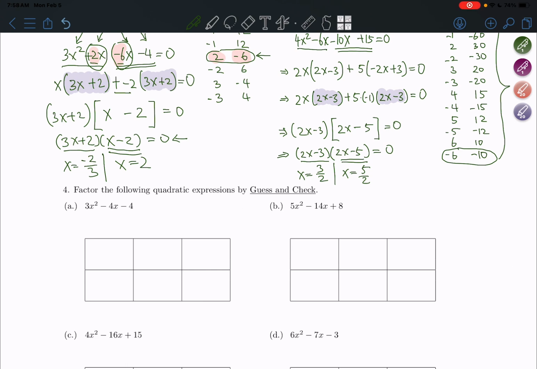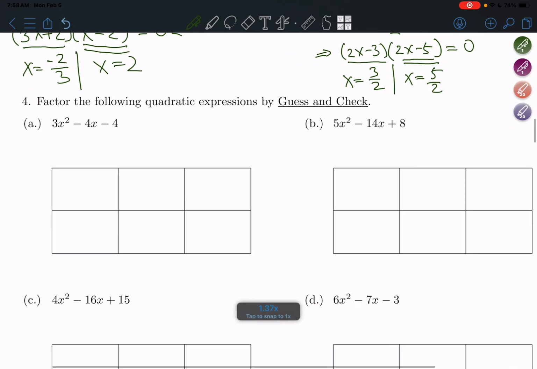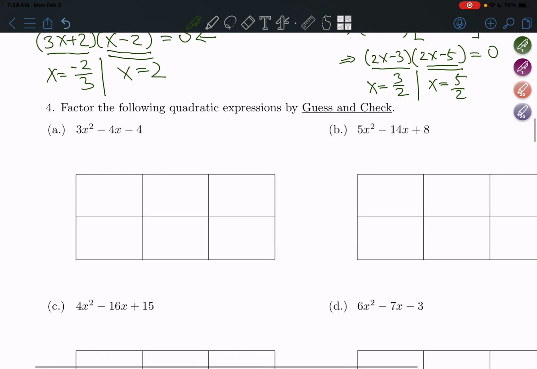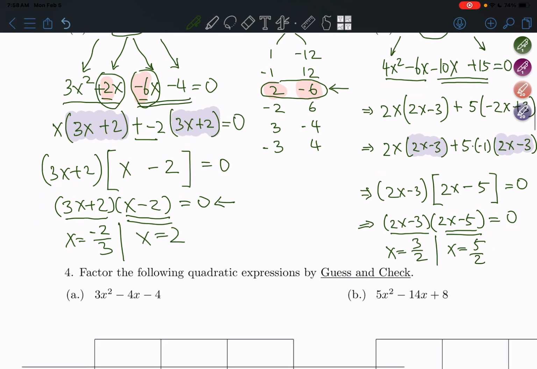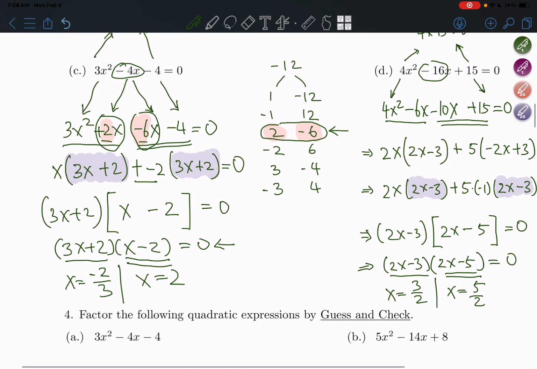So the way I have in mind for number 4, as you can see, 4a is exactly the same thing as 3c. And this is definitely done on purpose just because we already have the answers for these. We can double check. But leveraging that, going back to 3c real quick, we can see the answer of 3c in terms of factoring looks like this: 3x plus 2, x minus 2. So we can see the format of this factoring.